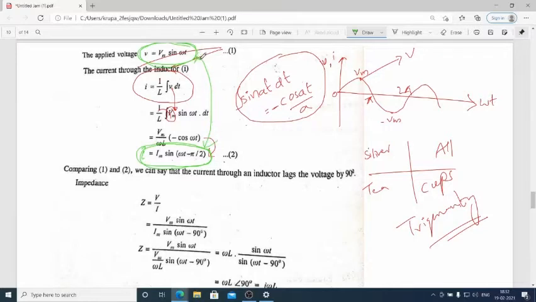What is the angle? Pi by 2. What is the sign? Negative. Negative means it is lagging in nature. So we can say that the current through the inductor lags the voltage by 90 degrees.